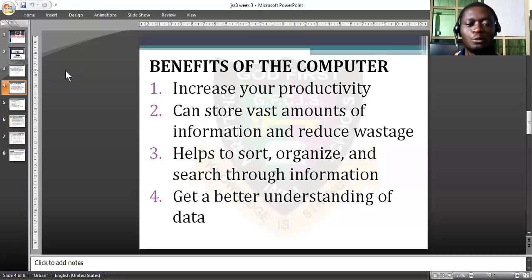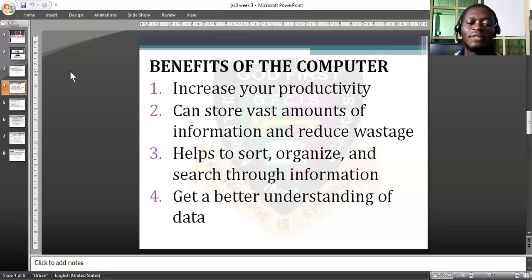It's helping to reshape our economy and increase how we process information. So therefore, there are benefits, there are advantages, and likewise there are also disadvantages to this particular machine. For this class, we are going to be looking at some of the benefits, and at the same time some of the disadvantages of the computer.